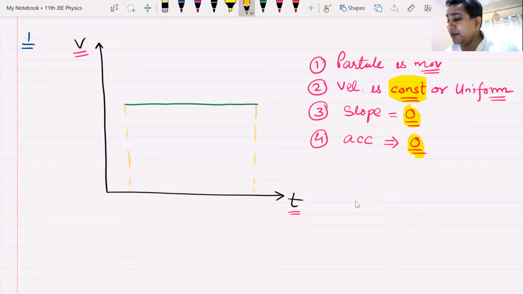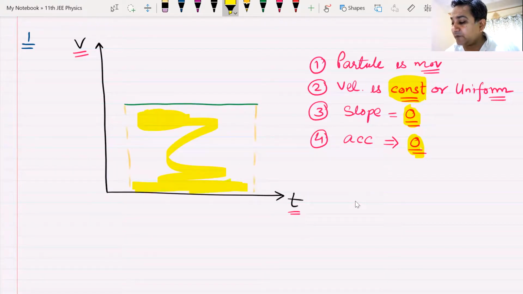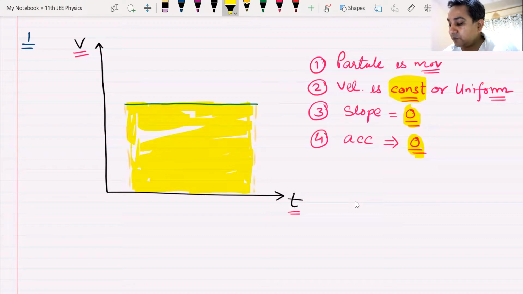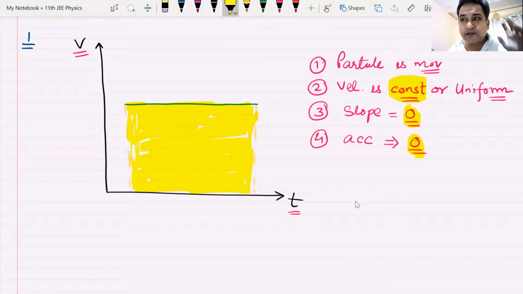Yes. Okay. Now, look at this. If I find this area, this yellow thing that I am trying to fill up with some material, what does this area give me? The yellow area that I found out.